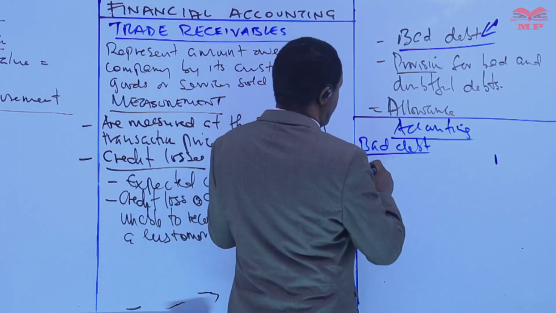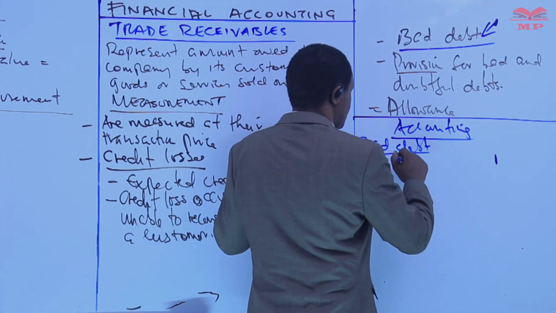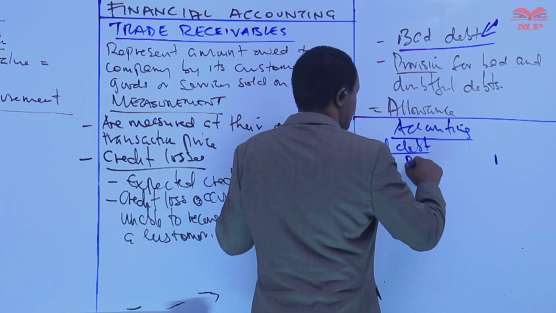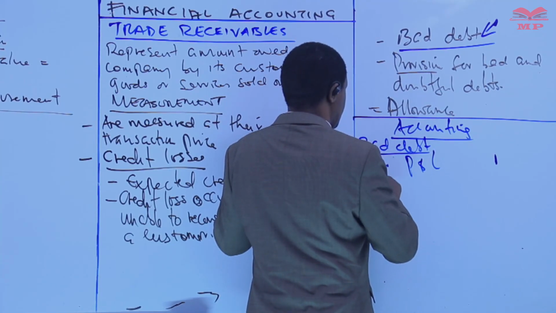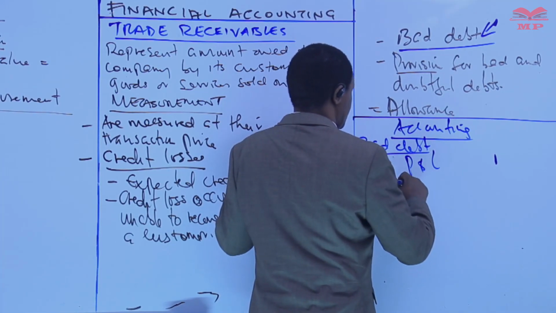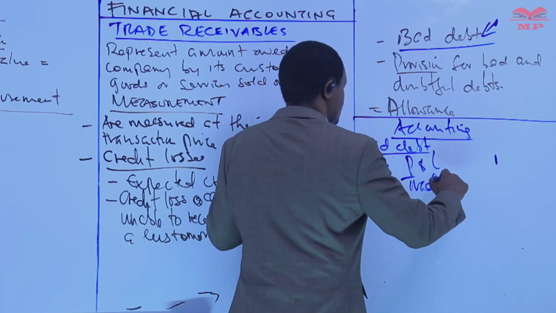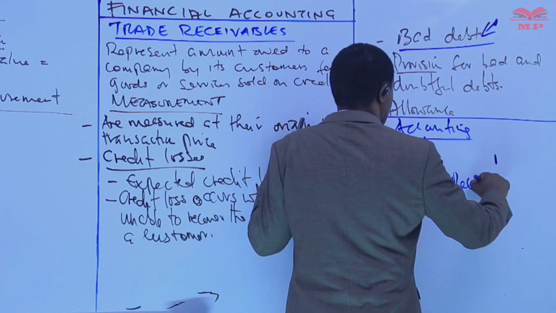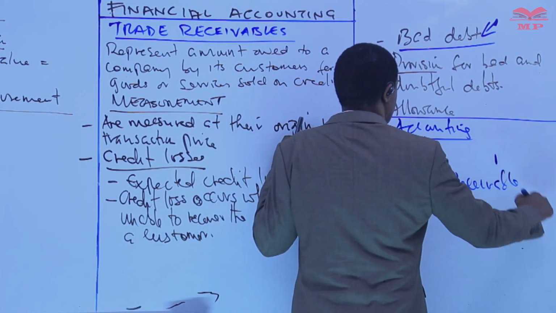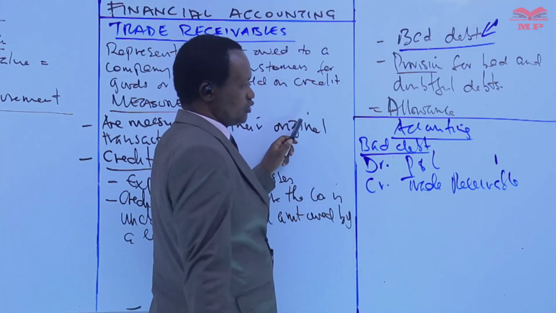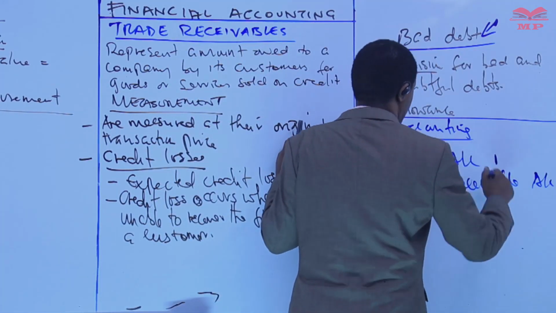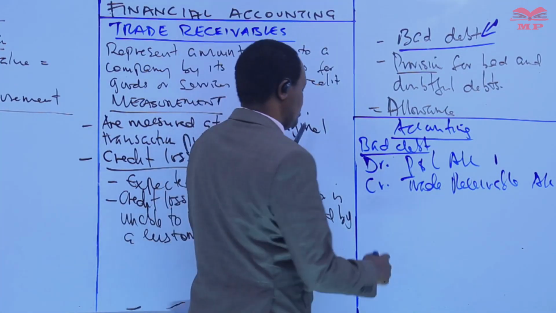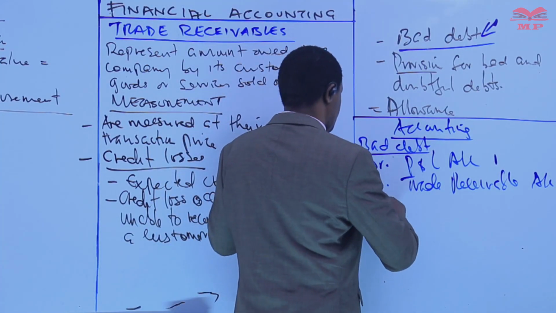To account for bad debts, we debit P&L and credit trade receivable. But what actually happens, candidates, when you have a bad debt, you have the debtors account.